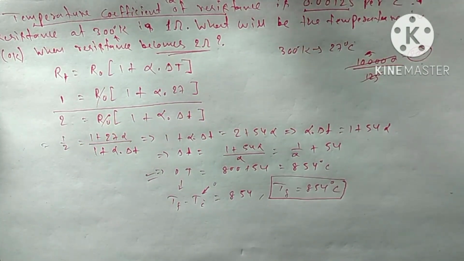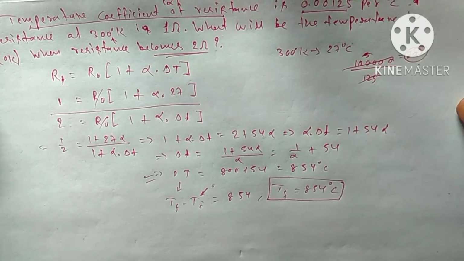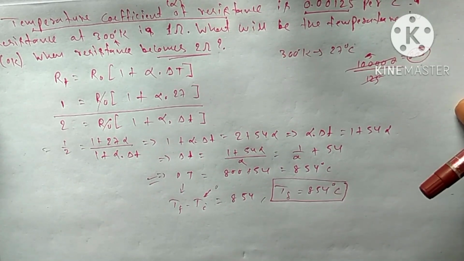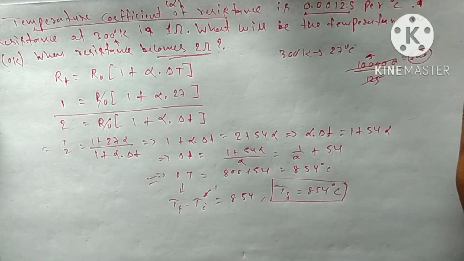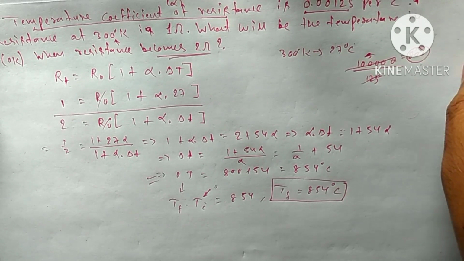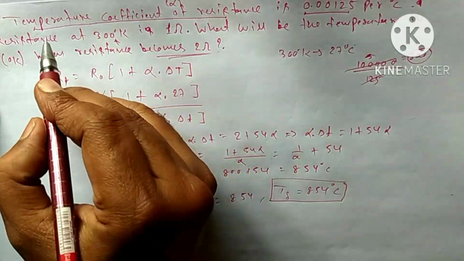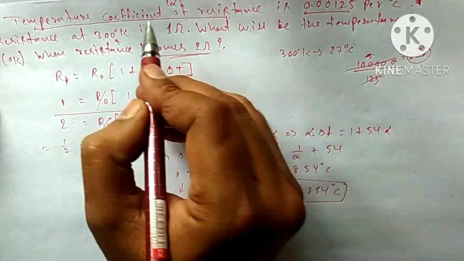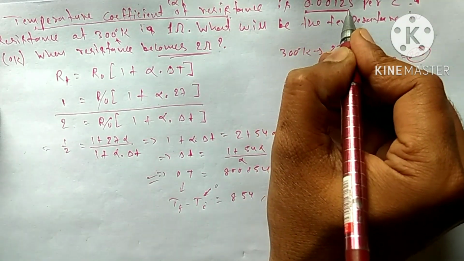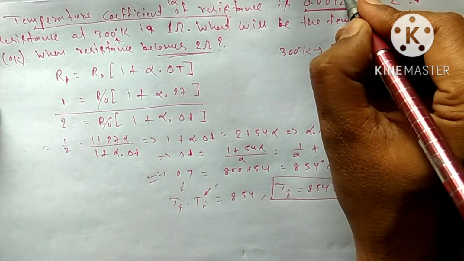Okay, in this question something is a little bit complex, so let me repeat. First of all, be careful about the data given in the numerical. Let me check again. Temperature coefficient of resistance, that is alpha. This value is in decimals, but don't get confused about that.